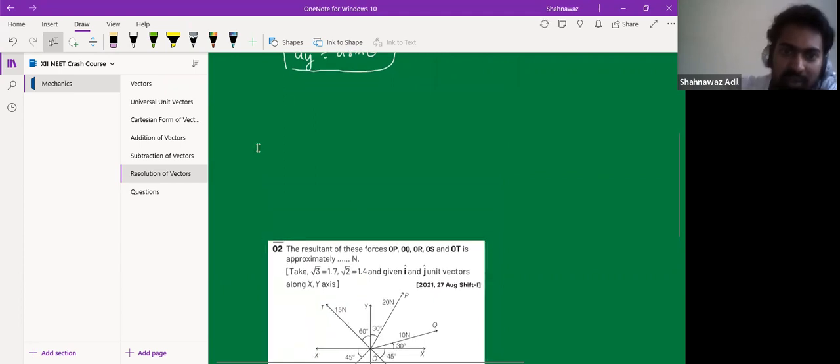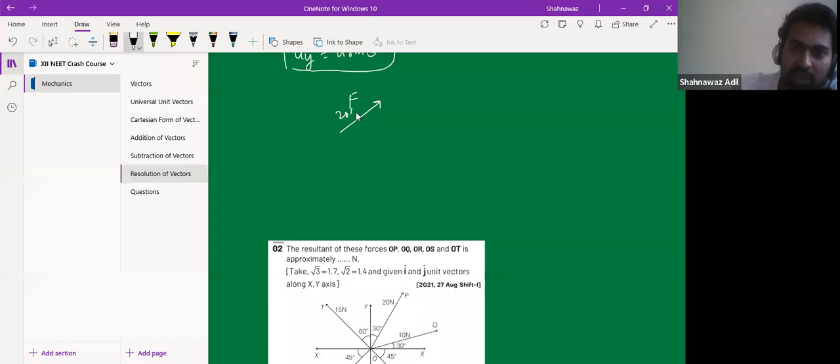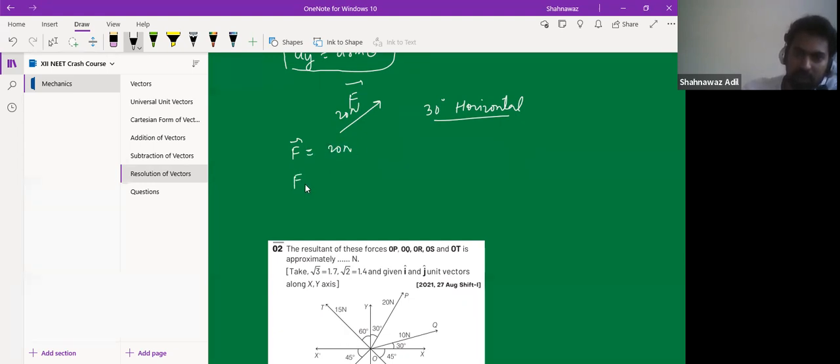Let me first solve a simple question. Let's say you have a force F of magnitude 20 Newton, and this makes an angle of 30 degrees with the horizontal. What will be the horizontal component, or the x component, of this vector F? Magnitude is 20 Newton, and what will be Fx?